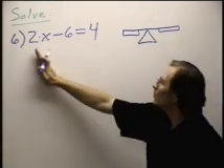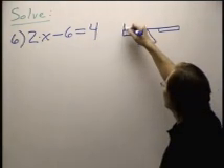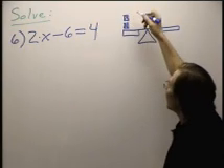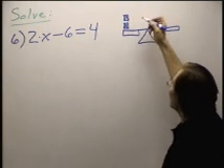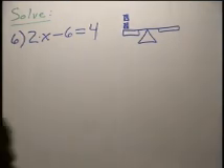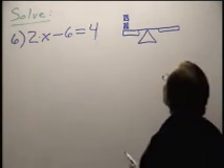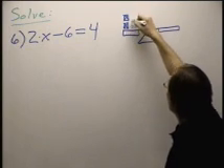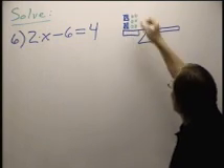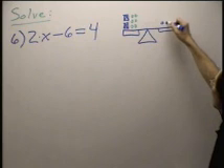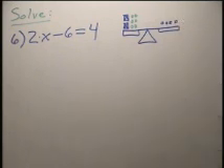What's on the left of the equals sign is 2 of the unknowns, and -6, meaning we have taken 6 away. I will demonstrate that we are taking them away by putting them in a different color. And over here, we have 4 of the items.